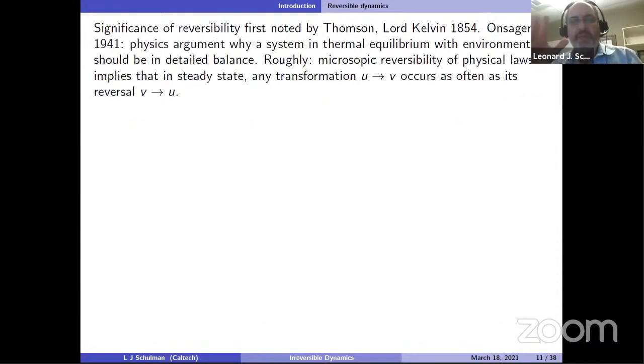The significance of reversibility goes back a really long way. It was first talked about by Lord Kelvin in 1854.